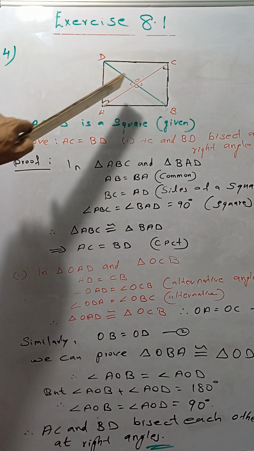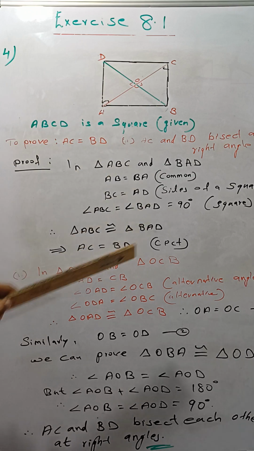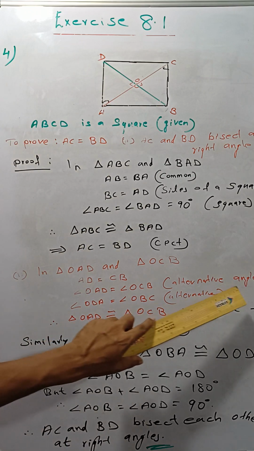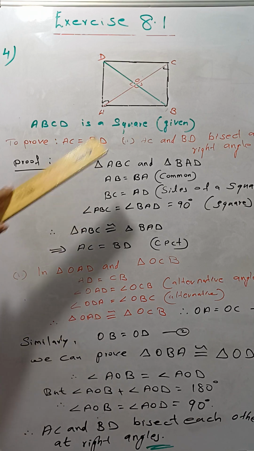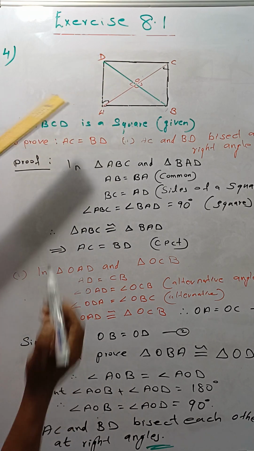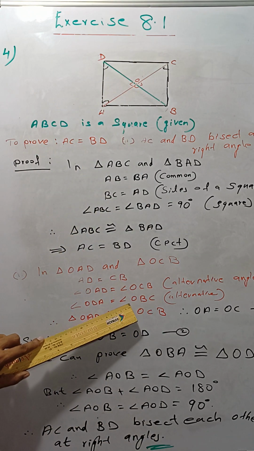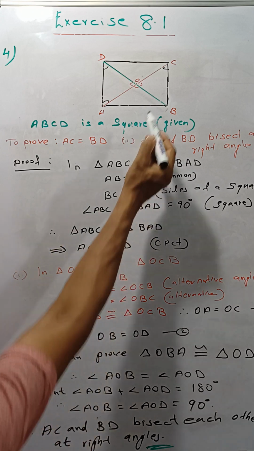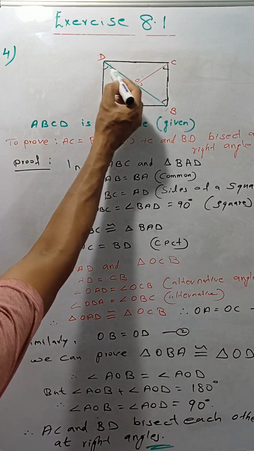These both alternate angles are equal. Then angle ODA, in the same way, and angle OBC, these angles are also alternate angles. These two angles are equal.